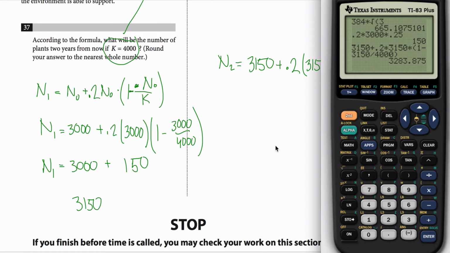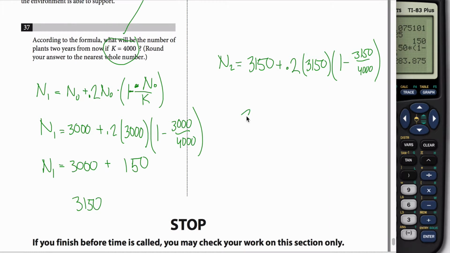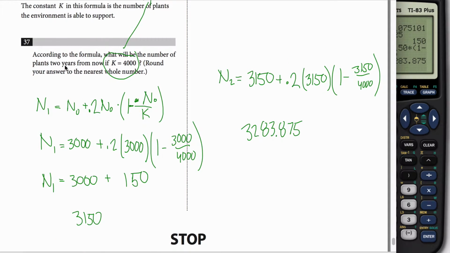Hit enter. Out pops this number, 3283.875, which is odd for plants. What would be the number of plants 2 years from now? Round your answer to the nearest whole number. So what I would put in is 3284. That's my answer over here.